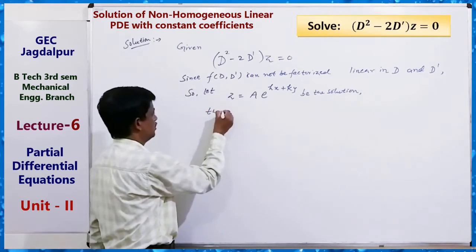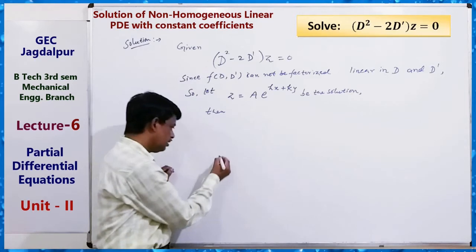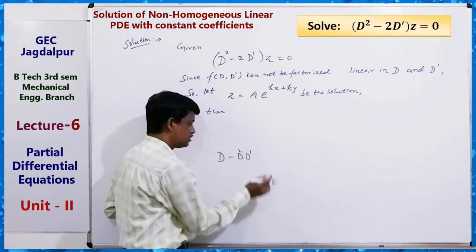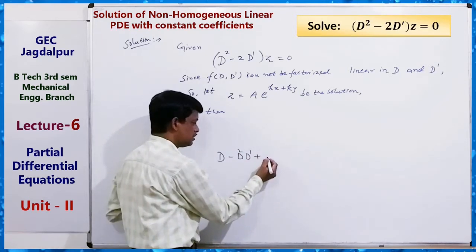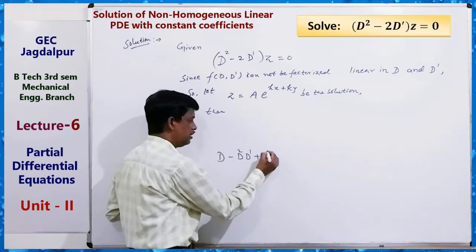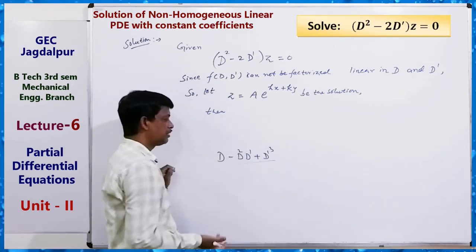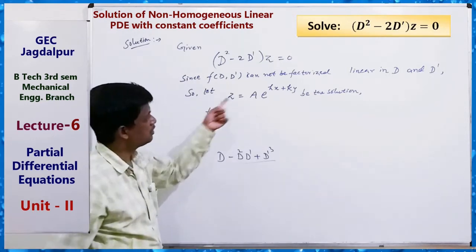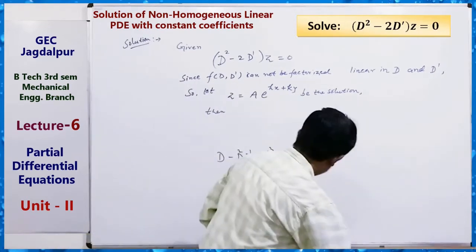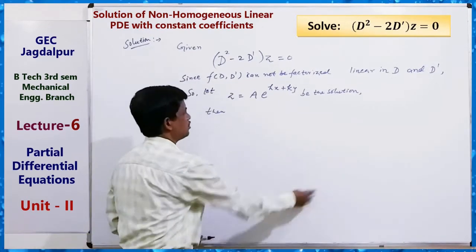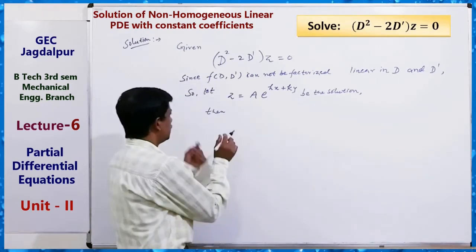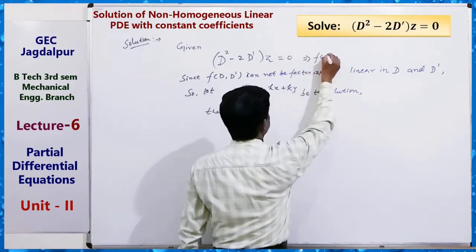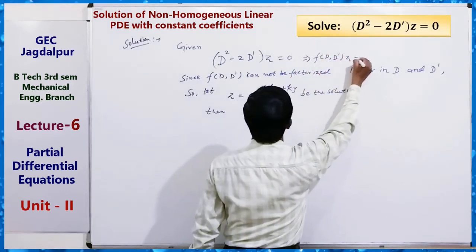Then maybe this type of factor also, D minus D dash square plus D cube, this type of factor may be there and it cannot be factorized. So we can use this method. We can suppose this is the solution. Then put Z equals to this here, f(D, D dash) Z equals to 0.